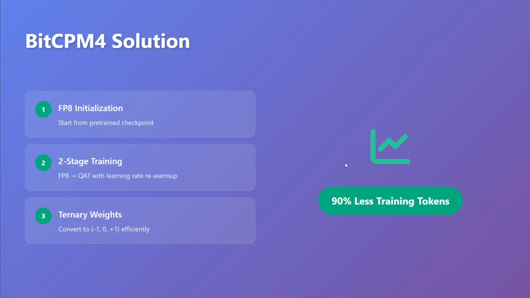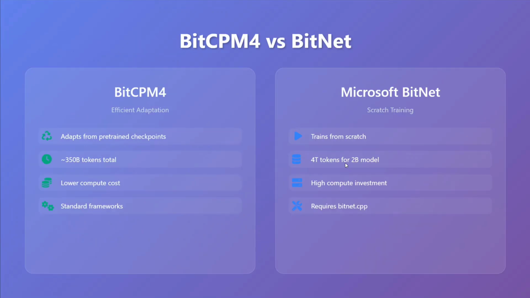That means every weight value occupies 32 bits in memory, or 64 bits, whatever the size. Now, when you talk about BitCPM4 or BitNet, these models store the weights in just 1 or 1.5 bits. So that's a reduction of about 30 times. Hence, they are very fast also, and as you can see, 90% fewer training tokens are required. As you can see, ternary weights convert all the weights to either -1, 0, or +1.